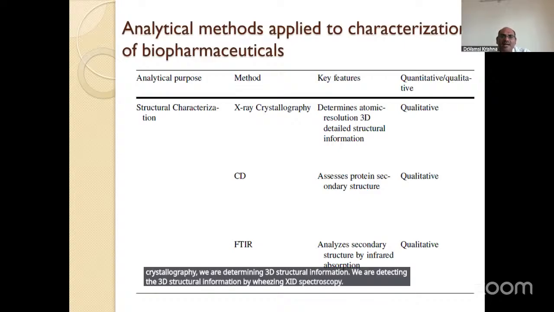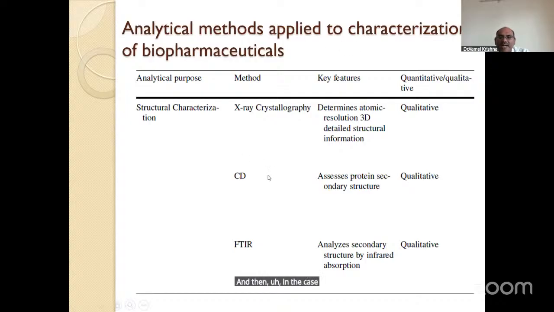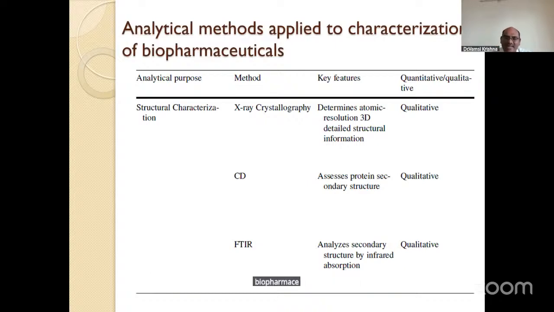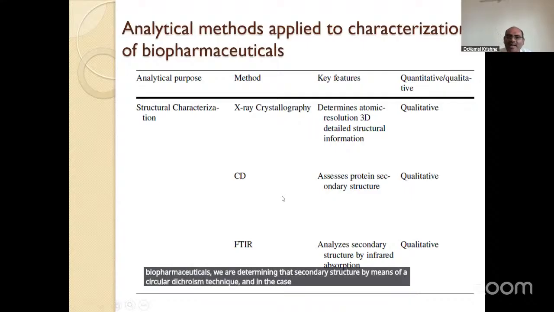In the case of circular dichroism, we are assessing the protein secondary structure, coming from alpha helices and beta sheets of biopharmaceuticals. We determine that secondary structure by means of the circular dichroism technique. And by means of FTIR, we are also analyzing the secondary structure, and here we are observing amide bonds.